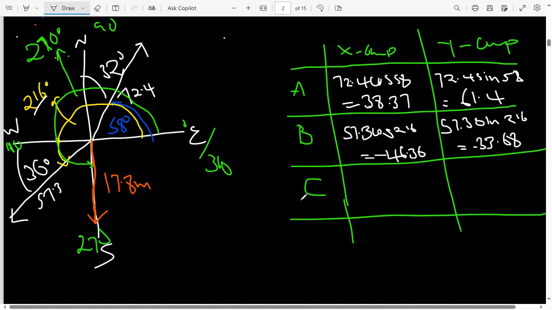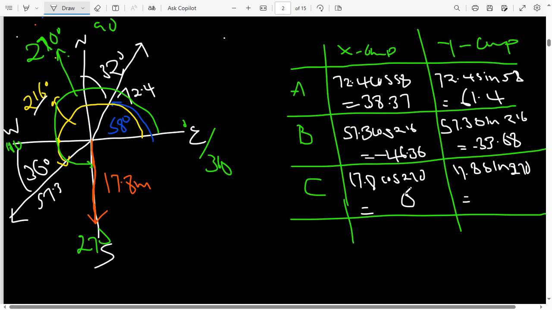Then let's resolve the last one, which is C. C is in the direction of the south. So it will be 17.8 cos 270, and here it will be 17.8 sine 270. 17.8 times cos 270 will just be 0.